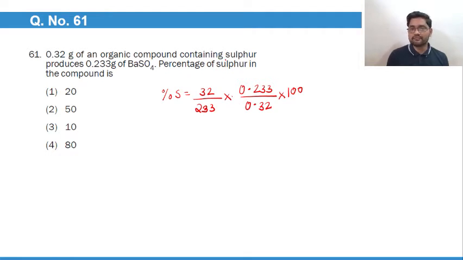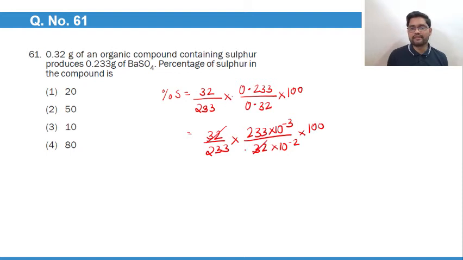Okay, clear? Wait, let's do it in a better way. So it is 32 by 233 into 233 into 10 raised to minus 3 into 32 into 10 raised to minus 2 into 100.